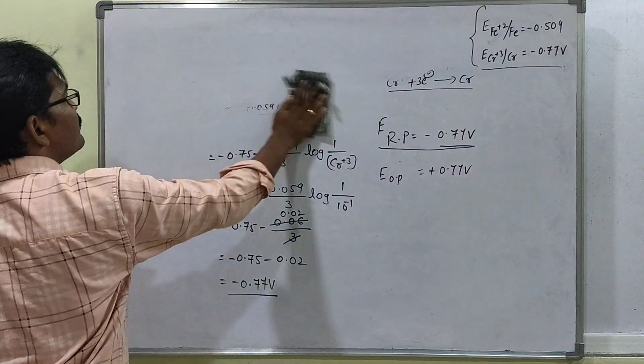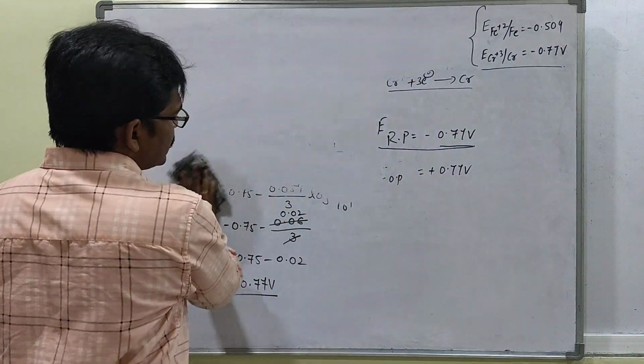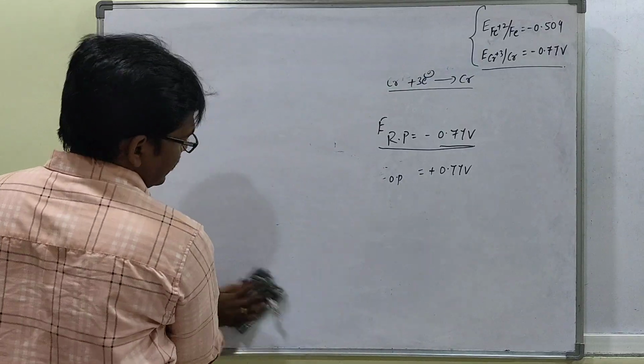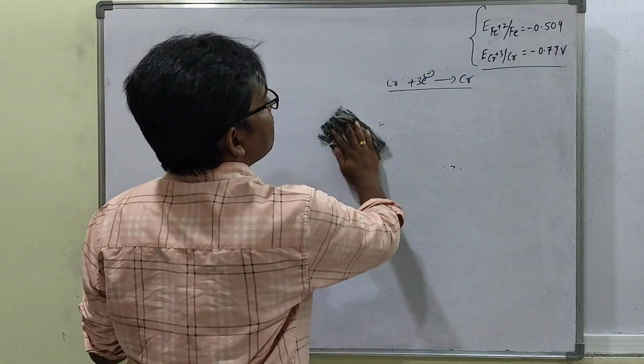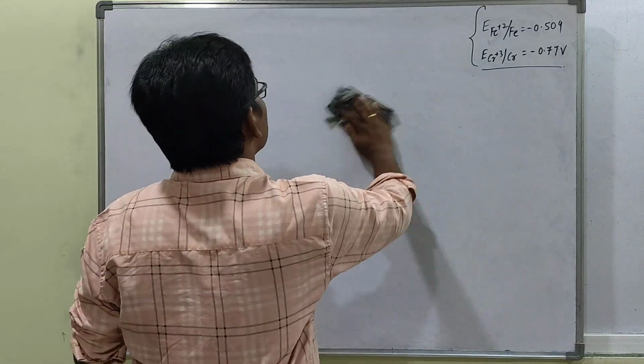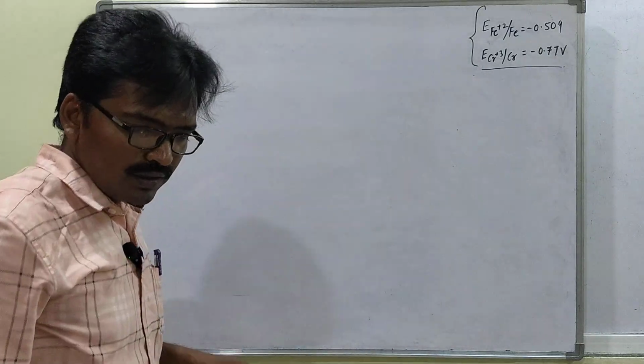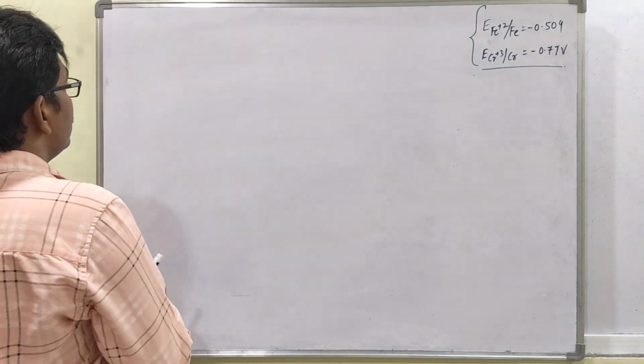These two are half cells we are discussing. If you take a full cell, there is a cathodic cell and an anodic cell. Note the question: find the EMF of this cell.